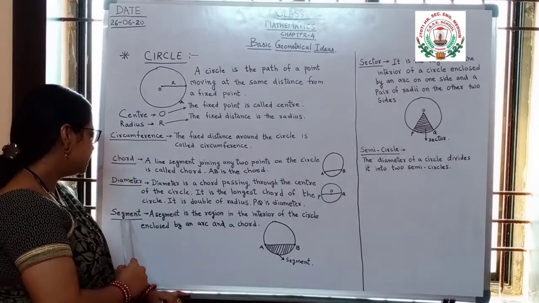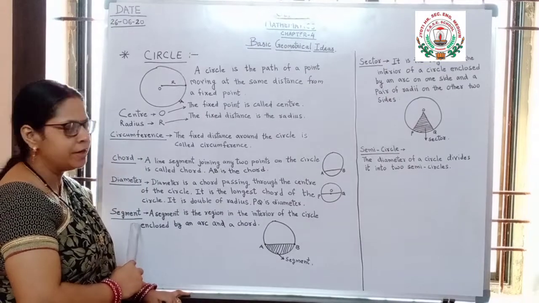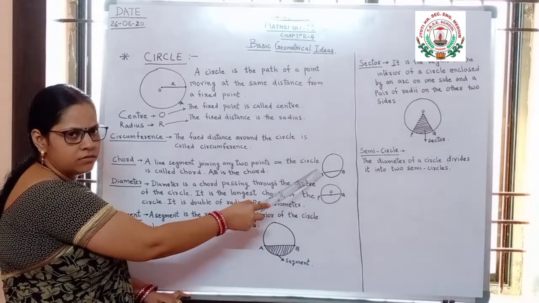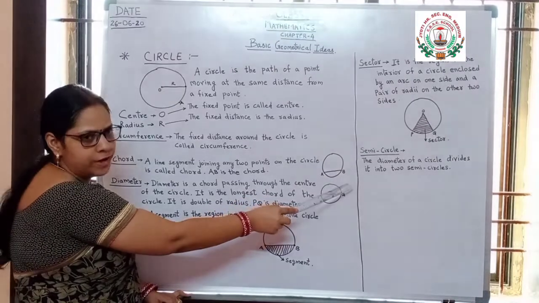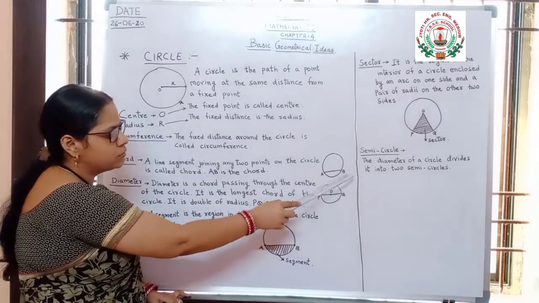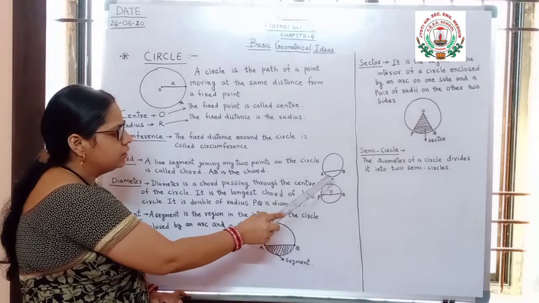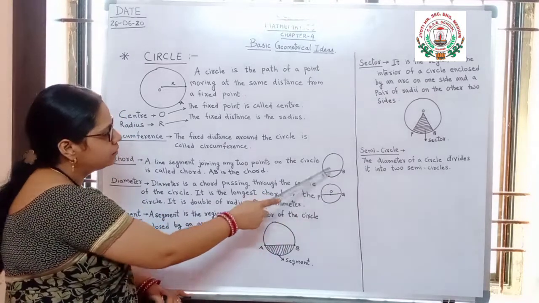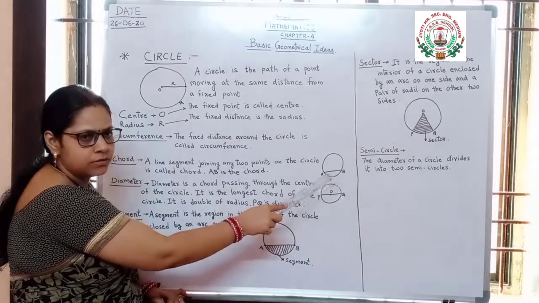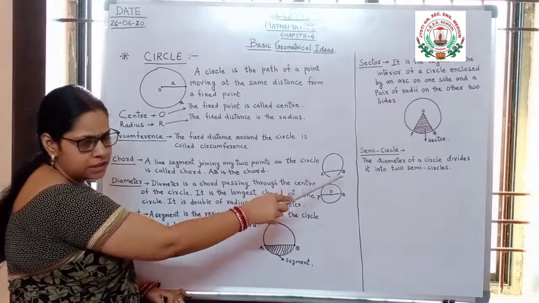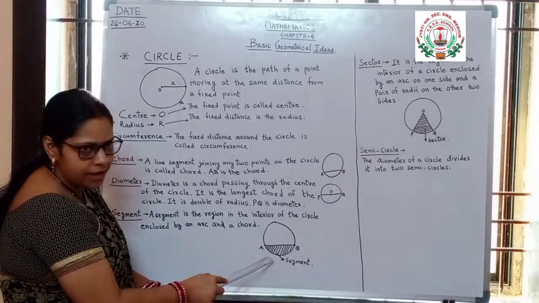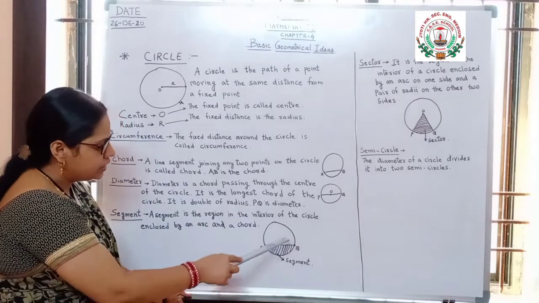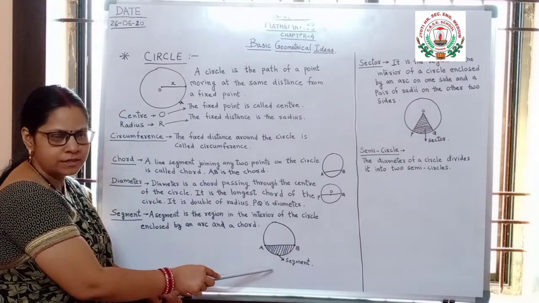Now comes the segment. What is this segment? Here you have seen the chord. A chord means any 2 points on the circle joined together. The shaded part, the portion covered within this, I have shaded here. This is called the segment.